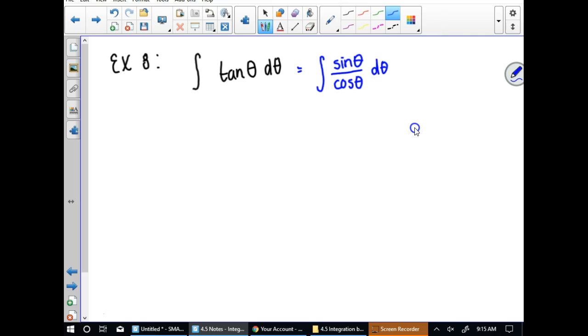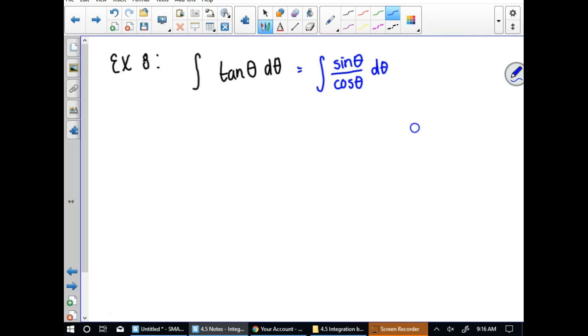And so in this case, we could let the u be sine and the du be cosine, or we could do the u as cosine. In this case, we want to choose the denominator because you can't integrate if you have like u over du. The du can't be in the bottom of the fraction.